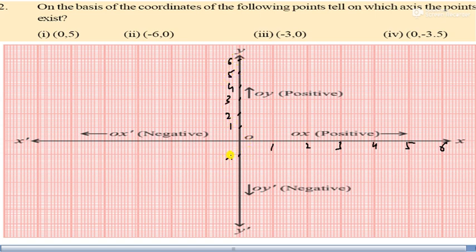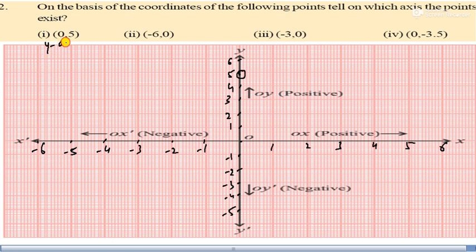Here is -1, -2, -3, -4, -5, and here -6. So first is (0, 5). So 0 and 5 is going upwards. So it is your y axis. So this point is said to be on the y axis.